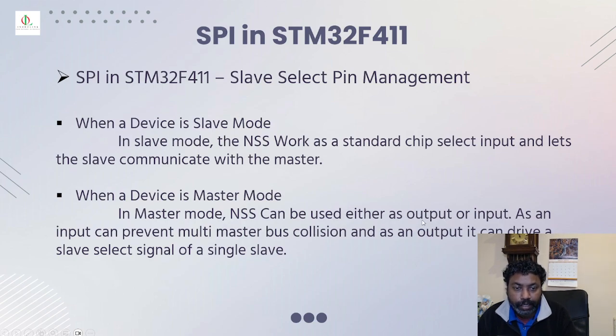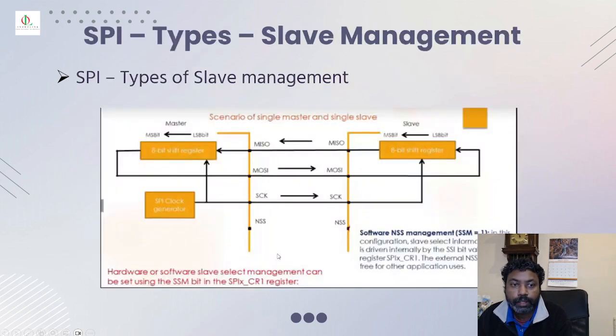So it has to be used as an output in that case. And as an output, it can drive the slave select signal of a single slave. These are the SPI types of slave management, and the slave management is controlled through software.